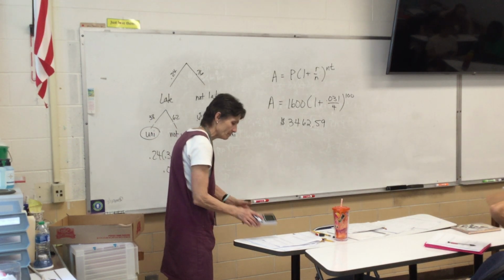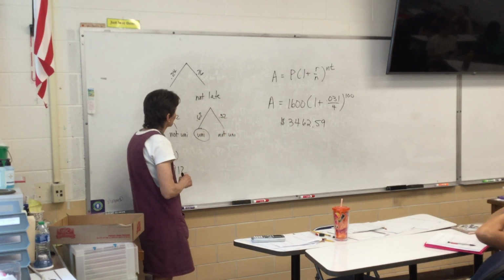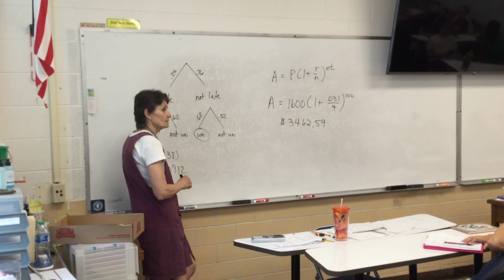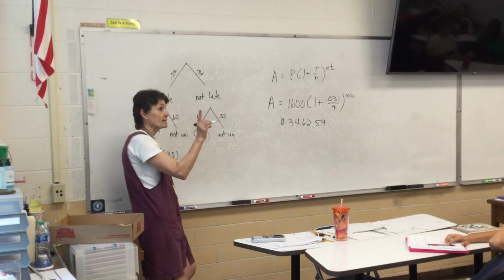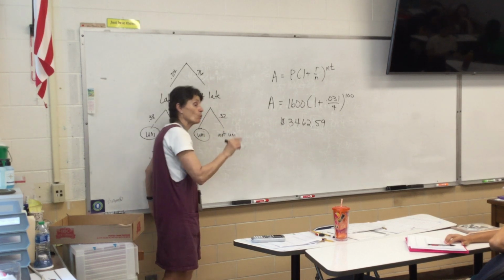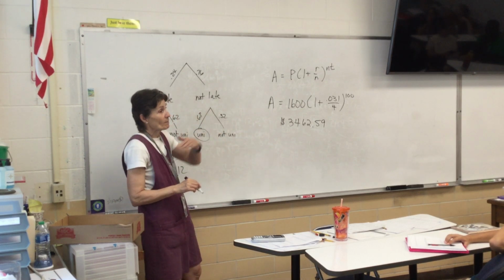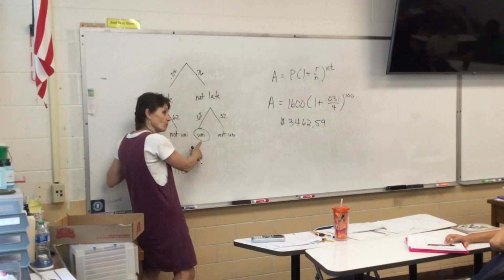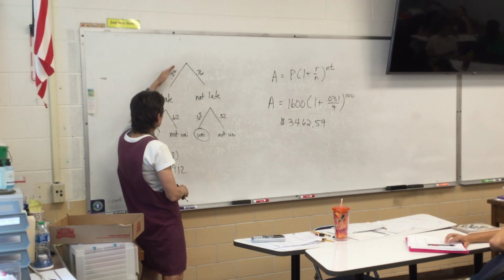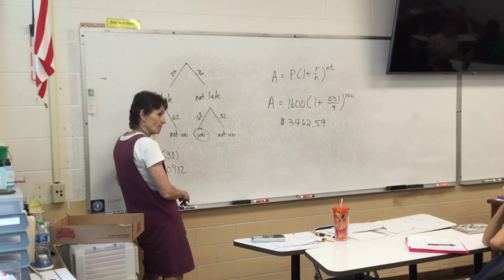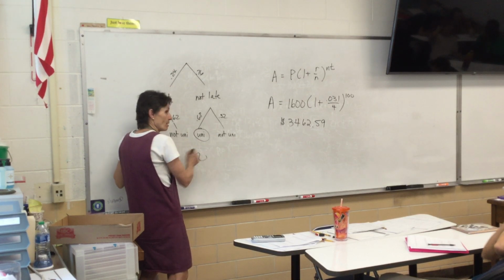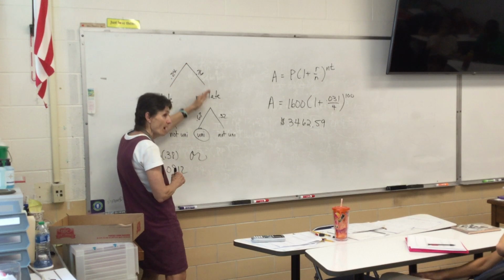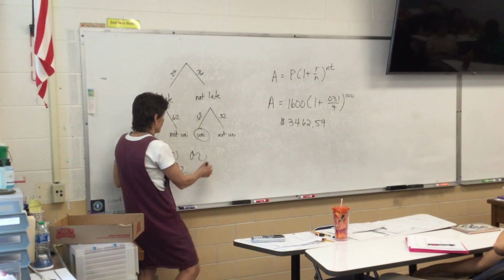Okay, then what, Abby? And then it's 9%. Oh, wait, we're not done. Because the question is, what's the probability I'm in uniform? And can't I be in uniform 2 different ways? I can be late and in uniform, or I can be not late and in uniform.